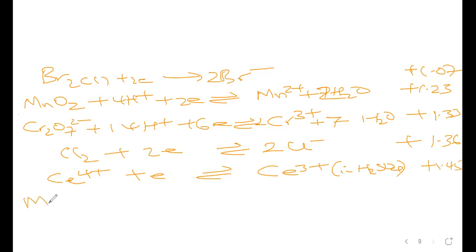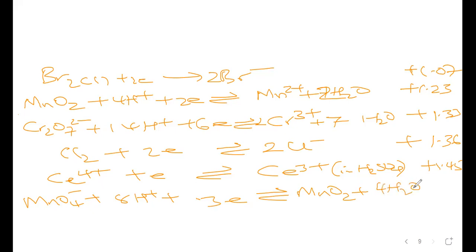We have the manganate 6. That's the manganate 6 ion. No, 7 ion. 8 hydrogen ions. Okay, manganate 7 ions, 8 hydrogen ions plus 3 electrons to give us manganese 4 oxide plus 4 waters.